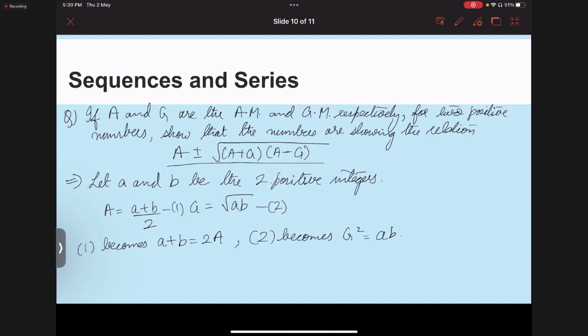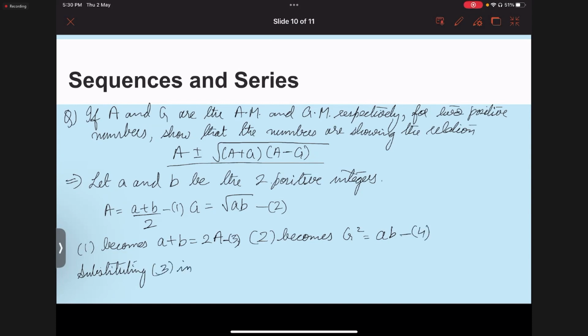Okay, so now when we have the values for a plus b and ab, you can substitute. We will substitute these values in the original equations that we had found for arithmetic mean and geometric mean. So let this be 3 and let this be 4.